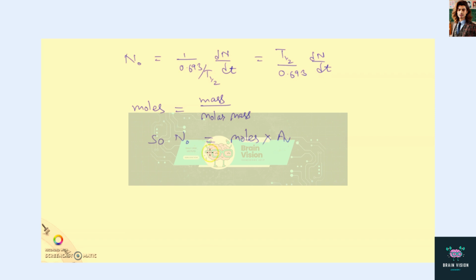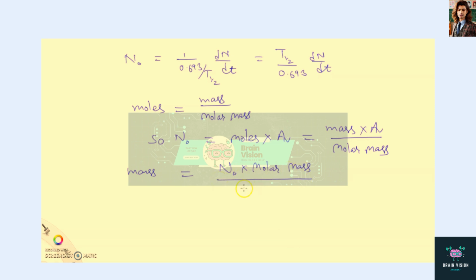So N naught will be mass times Avogadro number divided by molar mass.